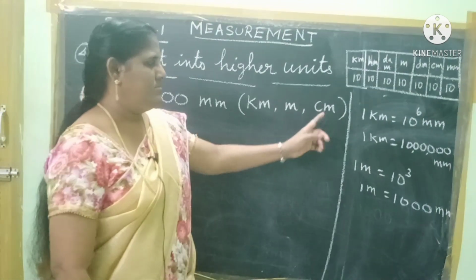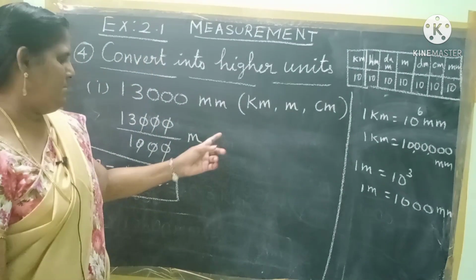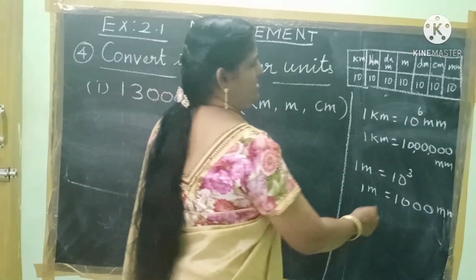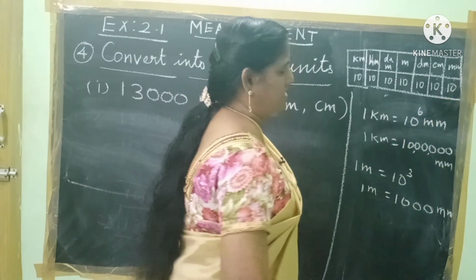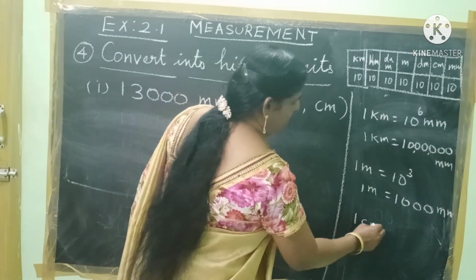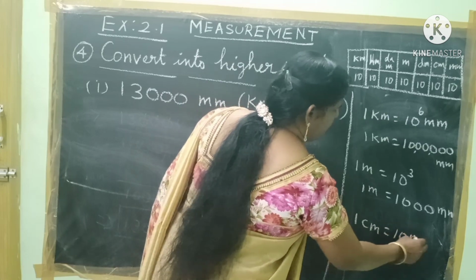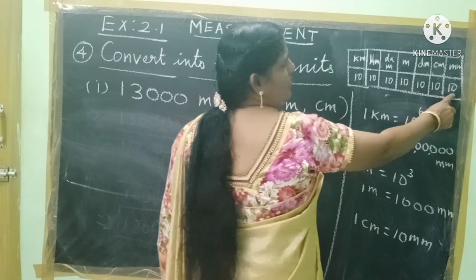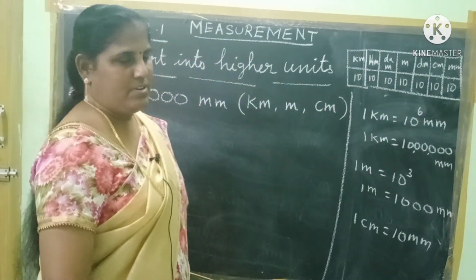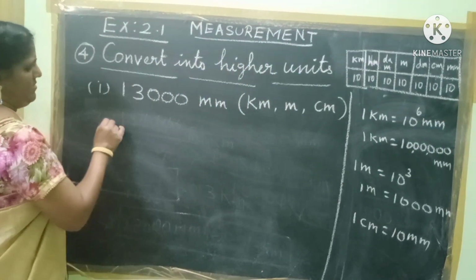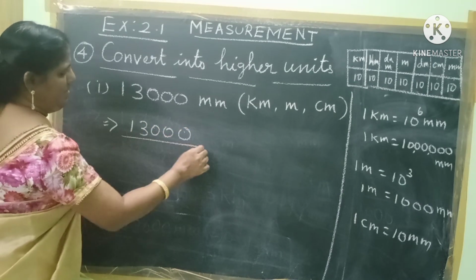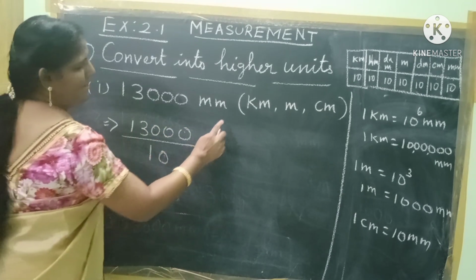The third one, we need to change to centimeter. In a centimeter, how many millimeters are there? 1 centimeter is equal to 10 millimeter, because the power of 10 is 1. So 13,000 divided by 10.